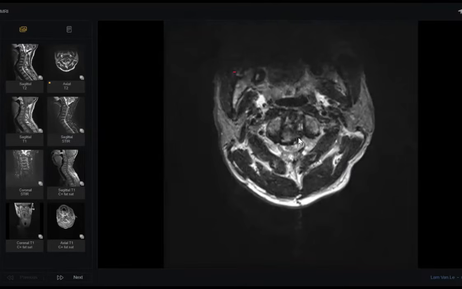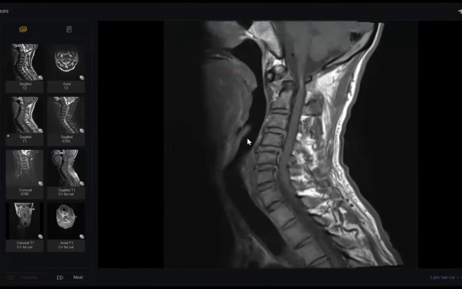Sir, can I have a look at axial T1, sagittal T1? So, sir, I believe that this is atlantoaxial subluxation with increase in the distance between the first arch and the dens. This is actually the first cervical vertebra, sir.